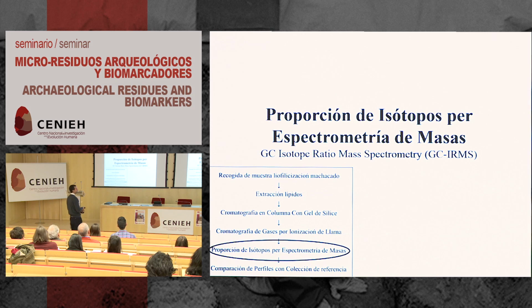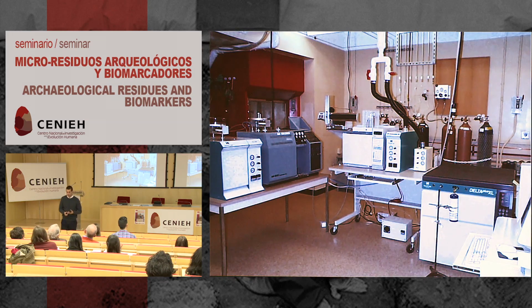From there, we then have to look at the actual isotope compositions, and this is really what's showing us what was going on climatically. And this is a little bit more complex. The GC-FID, in terms of cost, is much cheaper to have at a university or an institute than the isotope mass spec, because the isotope mass spec takes a lot.